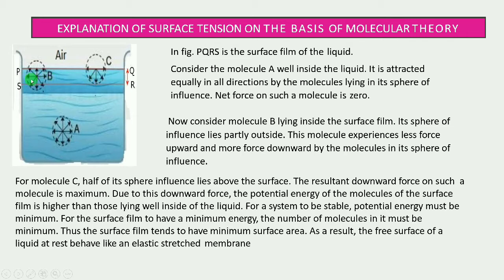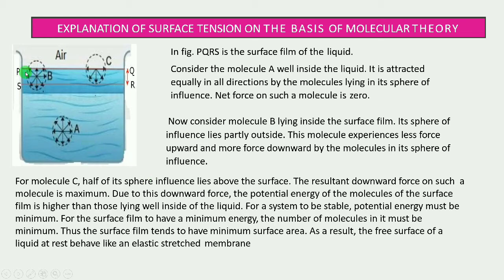These are at a higher height as compared to A, so they will have a larger value of potential energy. Now this is the natural tendency of a body: it will always try to minimize its potential energy. So what will happen? They will go in the downward direction because of that resultant net cohesive force.